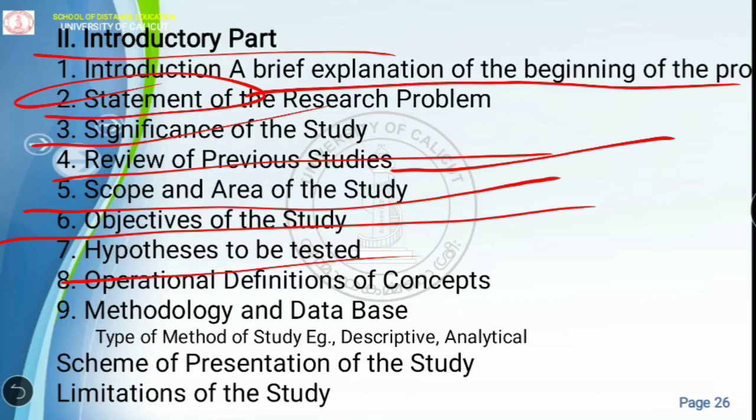Then operational definitions and concepts of the terms used in our study, then methodology of data, that means whether it is descriptive, analytical or empirical, etc. Then scheme of presentation of the study, the chapters, etc. Then major limitations faced by the researcher while conducting the study.